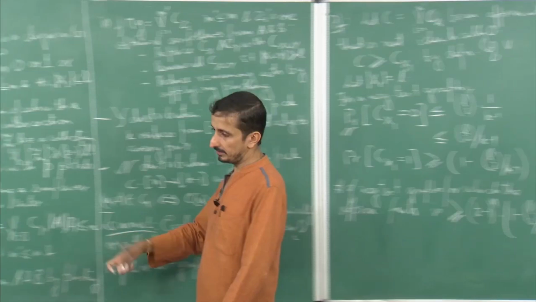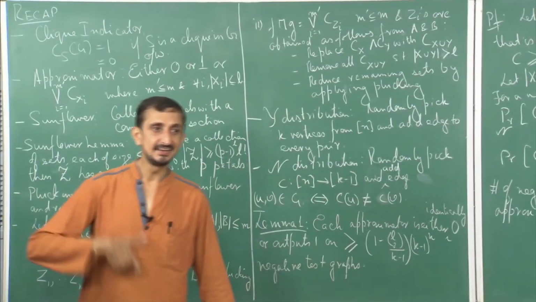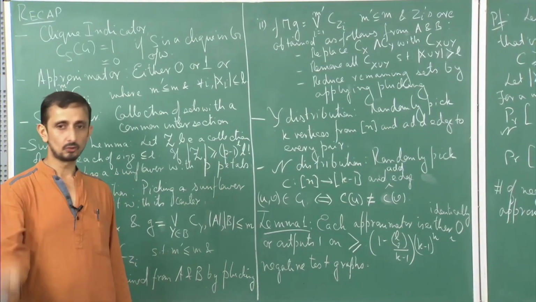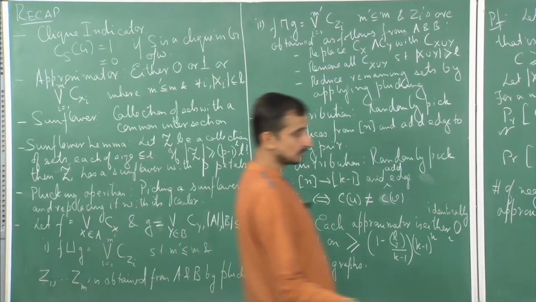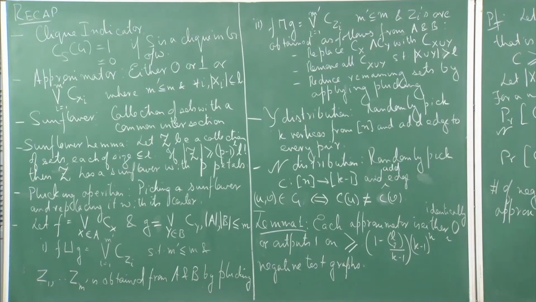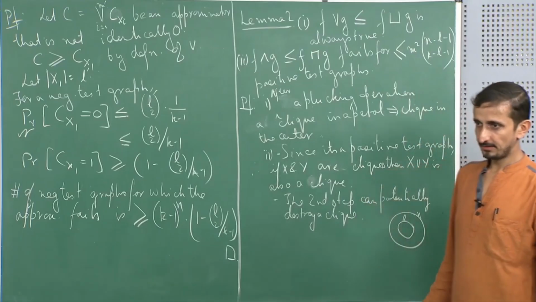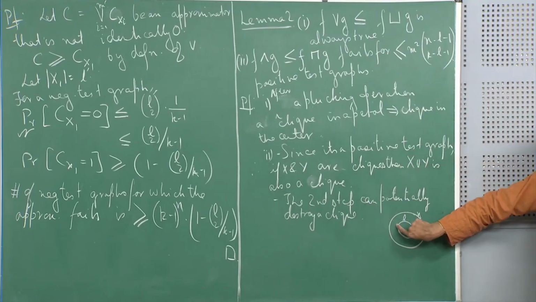How many positive test graphs are getting destroyed as a result of throwing this out? So when will a positive test graph get destroyed as a result of throwing this out? When this formed a clique.